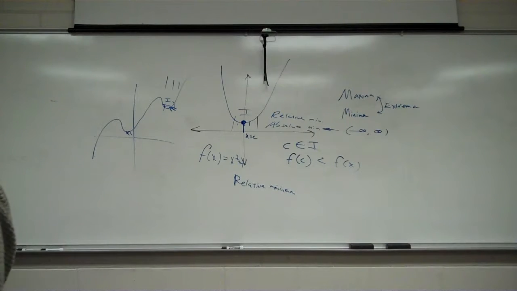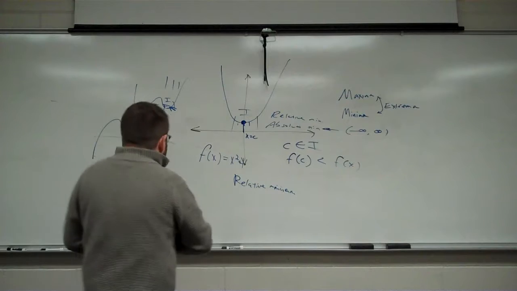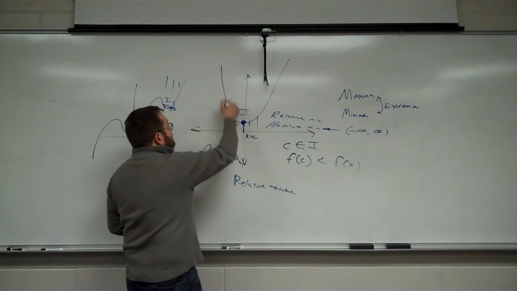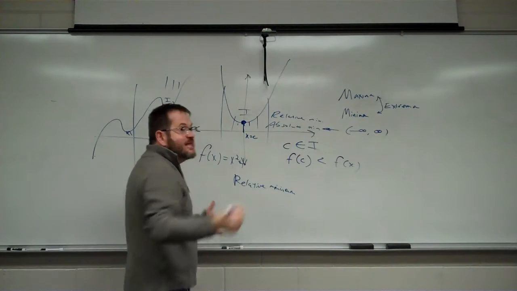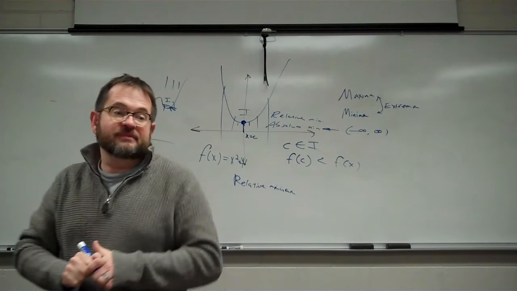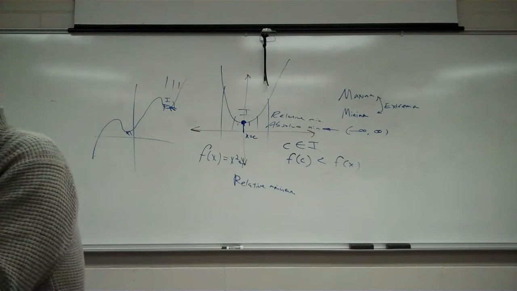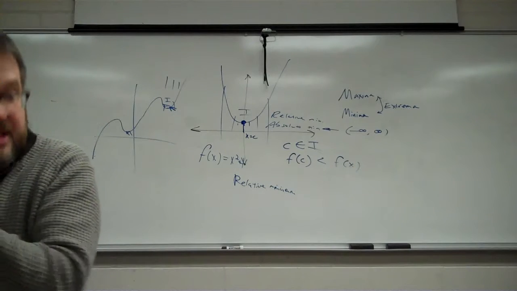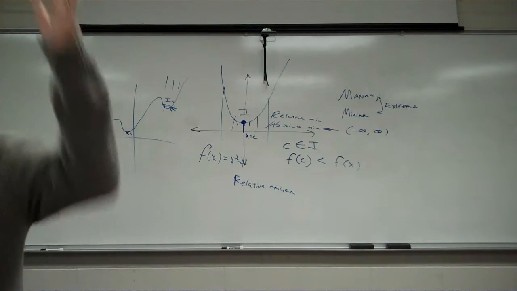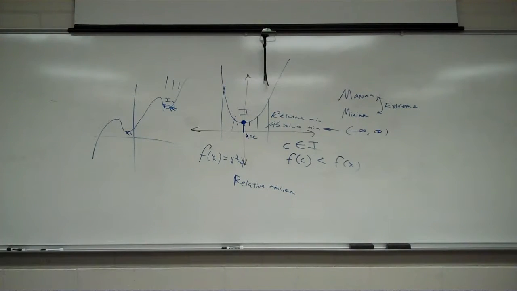Your book says it's the absolute minimum if they give you a range, like maybe negative infinity to infinity, or some range, and it is the minimum in that range. Relative minimum means there is some range around this that it would be the minimum. In an absolute case, they mean over the range we're telling you this is the lowest one.